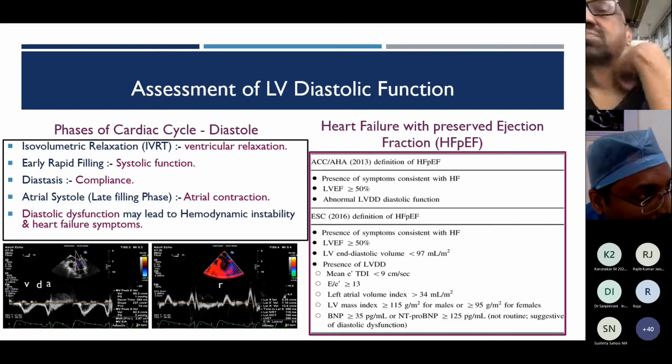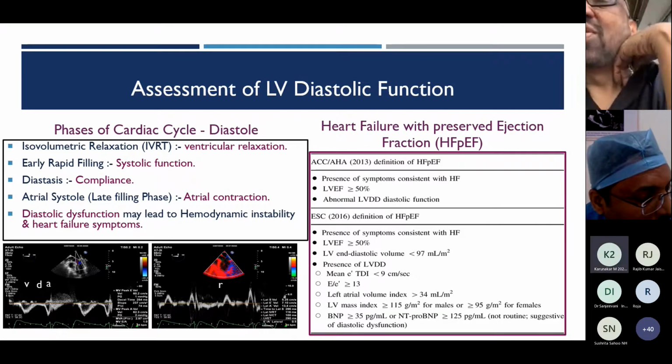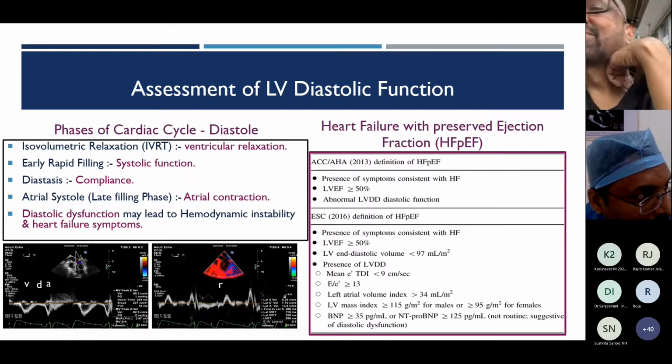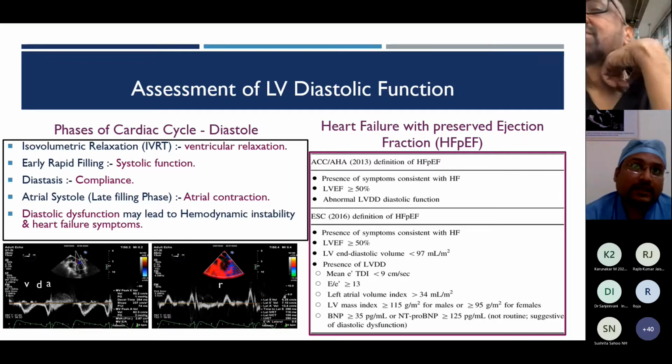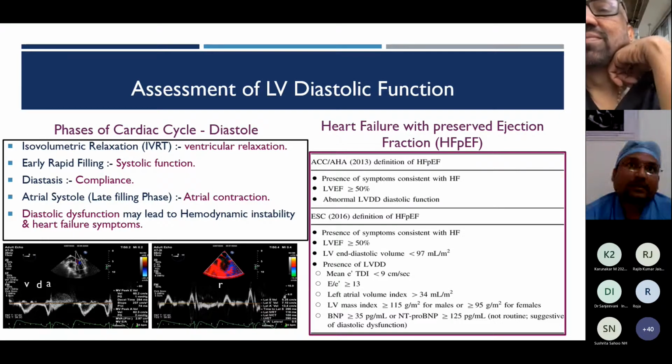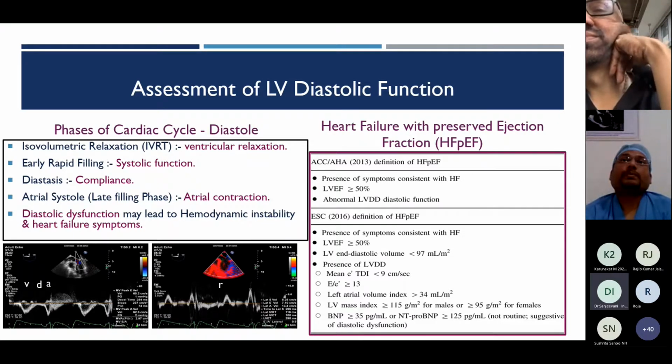TR velocity measurement for grading. Yes, peak TR velocity measurement for grading. Yeah, that is very important actually, and it is in the guideline of 2016.